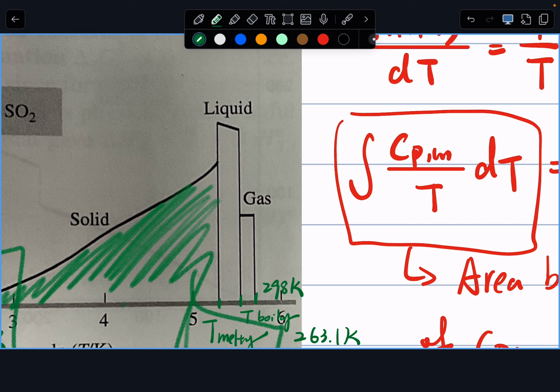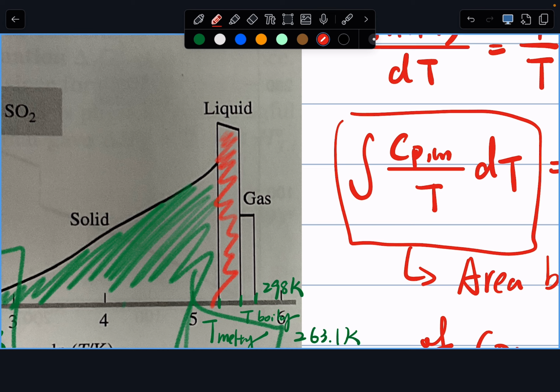And here everything is real, by the way. We're doing the experiment, so everything is real. You should know how to do those calculations. It's the same idea: for temperature increase, we're estimating it by the area below the curve, and for phase transfer, you're using the delta H for phase transfer divided by the vaporization temperature.